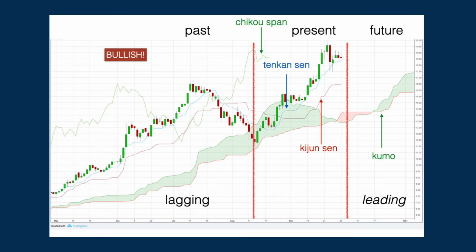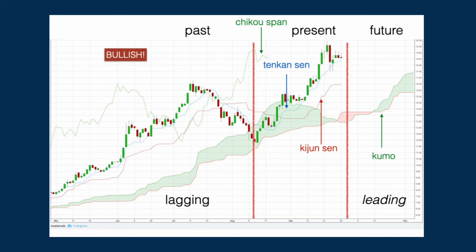The Ichimoku chart provides a clear picture of how current prices relate to past and future price action. The Chikou span, the green line, references current price action with the past 26 periods. The Tenkan-sen, the blue line, compares current prices with respect to the equilibrium in the past 9 periods.